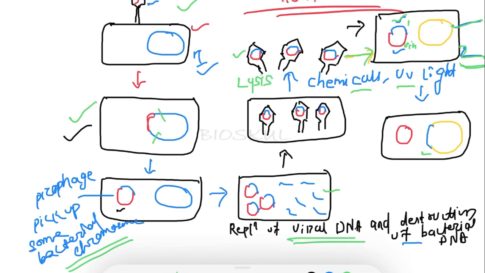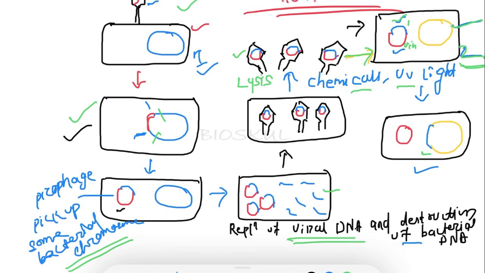Why is it called specialized transduction? Because here the bacteriophage transfers only a specialized gene or a restricted gene from donor bacteria to recipient bacteria. The bacterial DNA which is present near the integration site of viral DNA is only transferred via bacteriophage to the second bacteria.